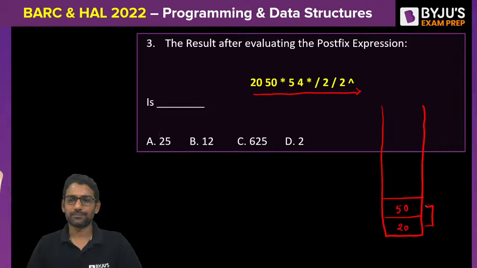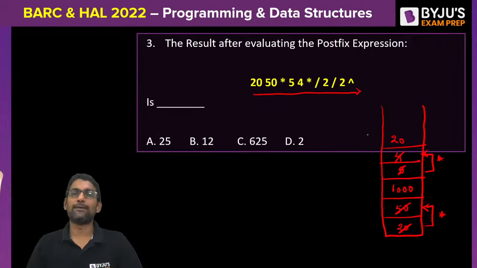So pop, pop, multiply and push back. Then we have 5, 4, again multiplication, pop, pop and push back.